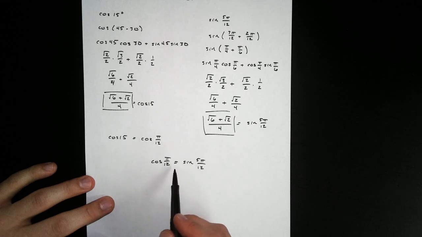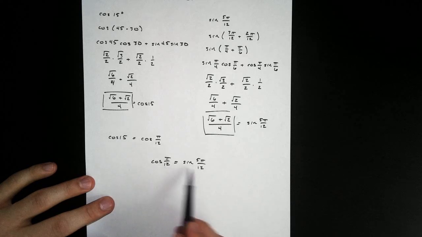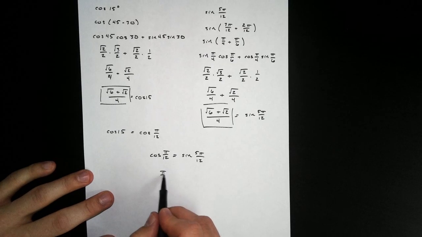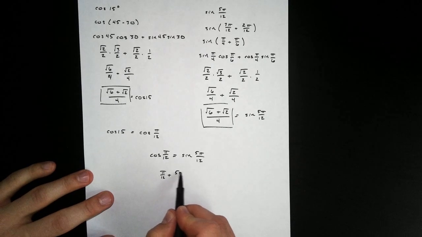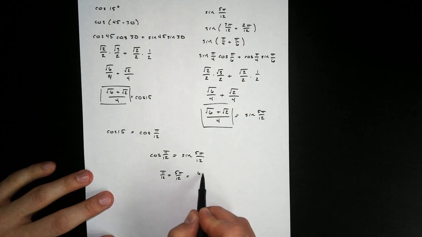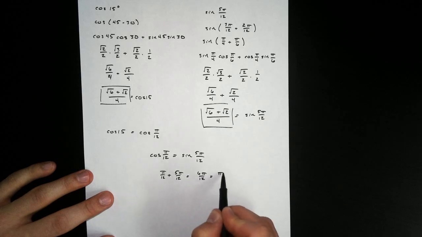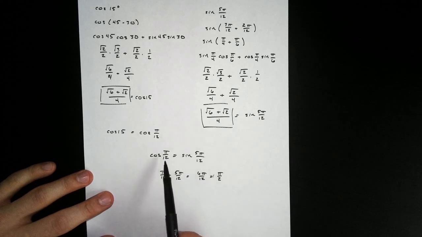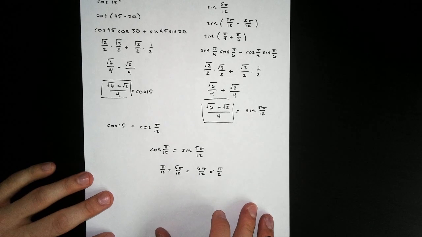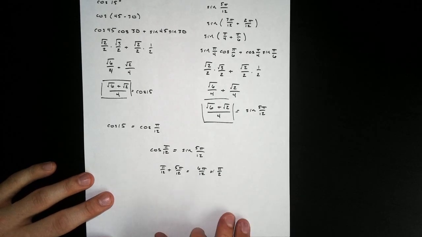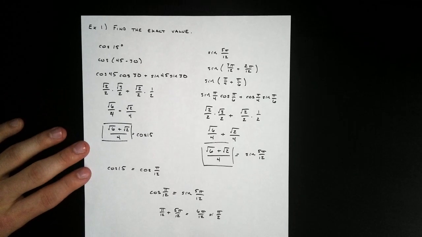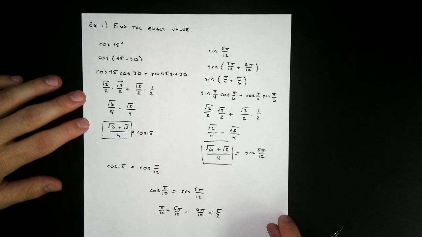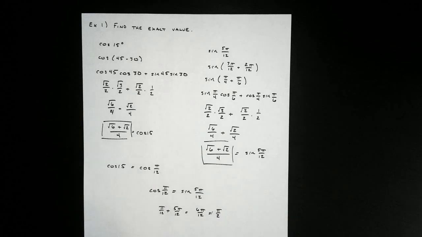This is a perfect example of our cofunction identity for sine and cosine. These two angles are complements to each other. If I add pi over 12 and 5 pi over 12, we get 6 pi over 12, which is pi over 2, which is 90. Because these angles are complements, and sine and cosine are cofunctions to each other, these do have to equal each other. But anyway, here are two examples of how to use our sum and or difference identities.